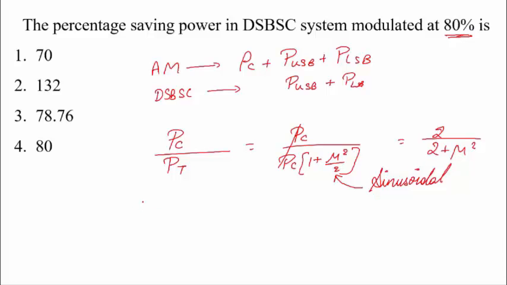So 2 divided by (2 plus 0.8 square, which is 0.64). So 2 divided by 2.64 will be 75.76, a rough value you can take, which is close to 78.76. So the suitable option is option 3.